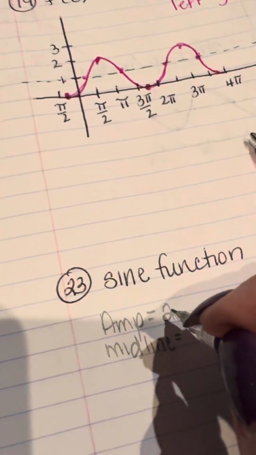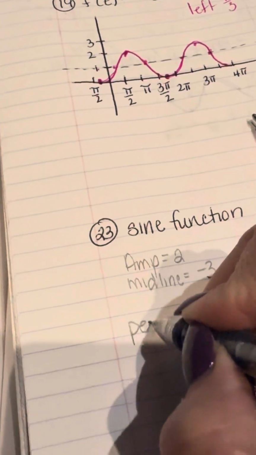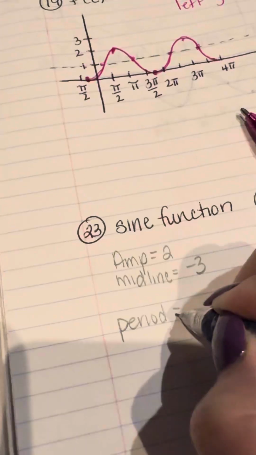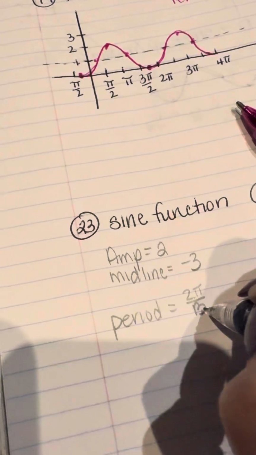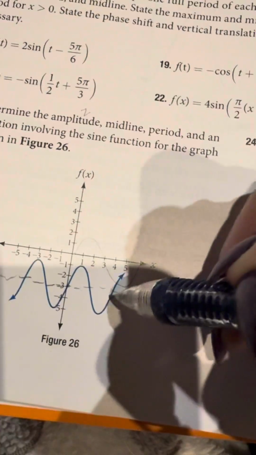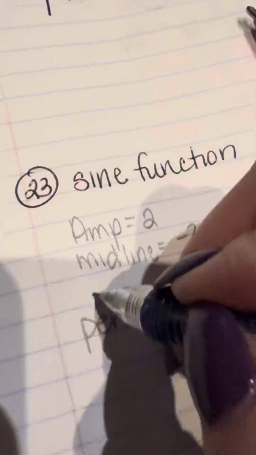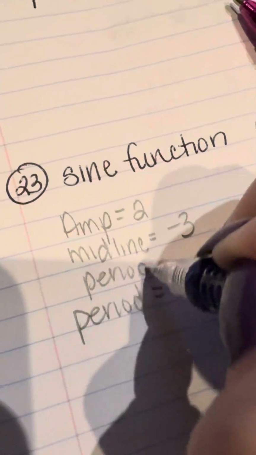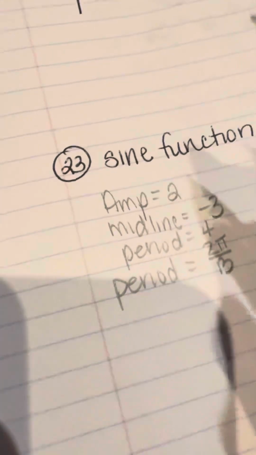And then they want to know the period of the graph. Remember, with my period, my formula is 2 pi divided by b. B is what I need to know for my equation, but right now they just want to know the period of my graph. My period starts at 0, ends right here at 4, and so my period is 4. So they asked for those 3 things, and there are those 3 answers.